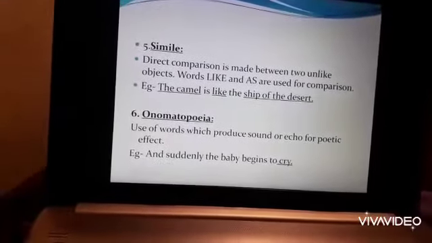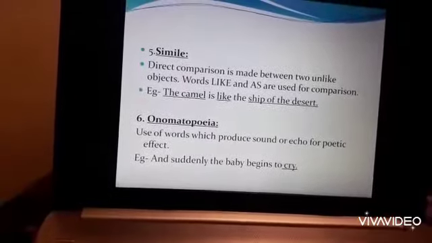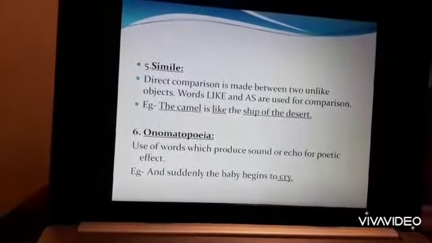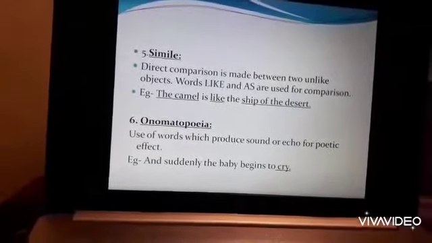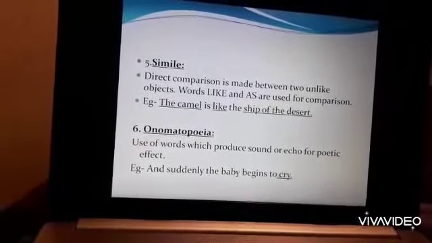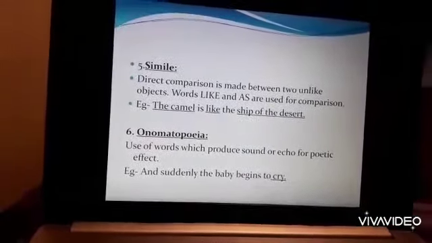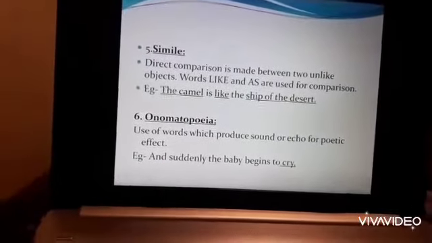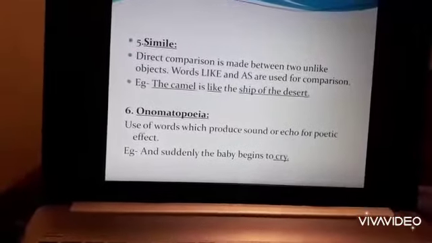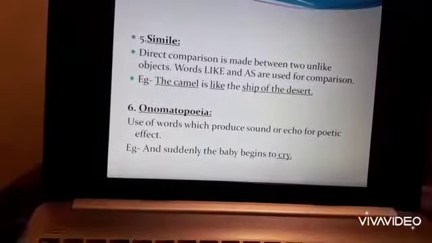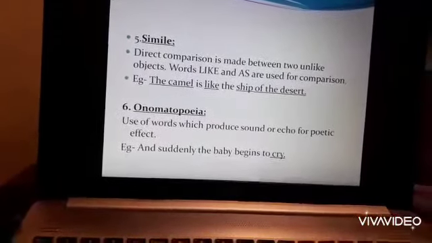For example, suddenly the baby begins to cry. Now the word cry makes the sound. For example, laughing, twinkling, tingling, tinkle, ringing, crying, all make a sound, which is an example of onomatopoeia.